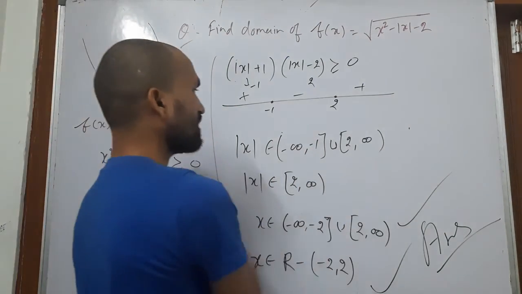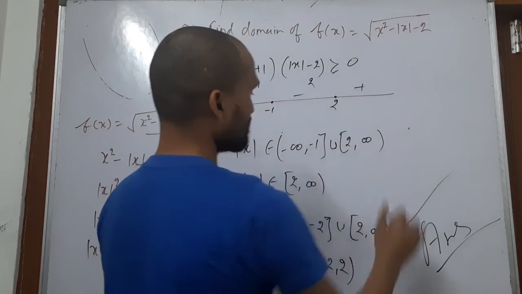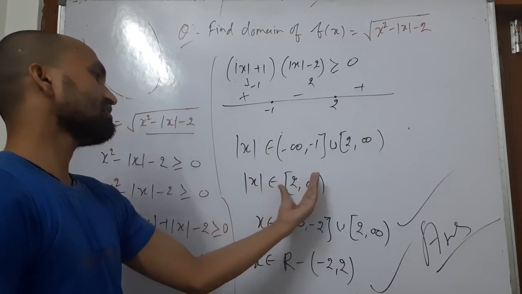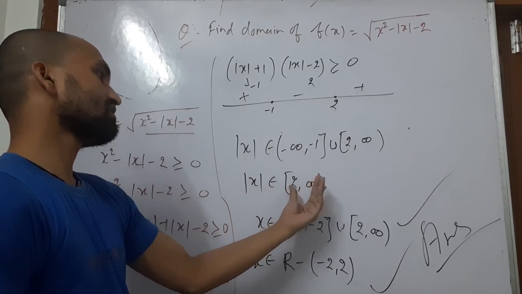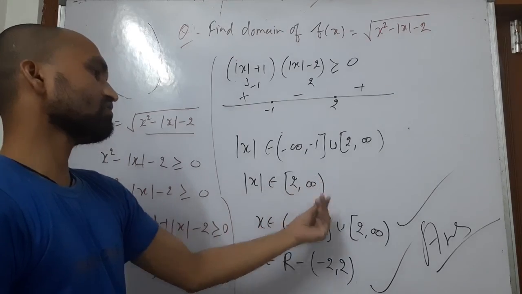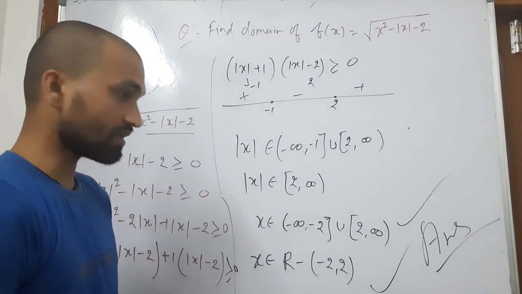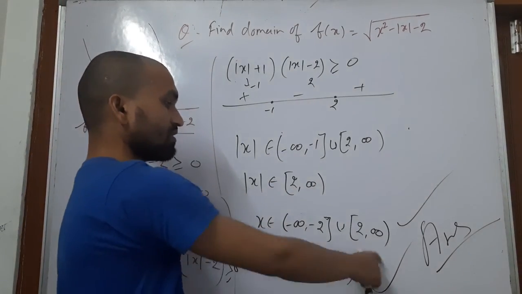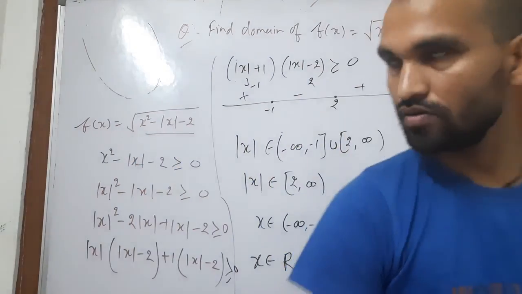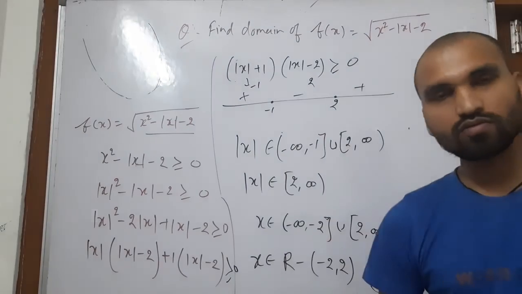So negative values are neglected. We have taken up to infinity, and if mod is removed, then the negative values of the number line from minus 2 to minus infinity will also be included. So we have taken this value also, and this solution can be written in this form also. So thus the question is solved. Okay, thank you very much.